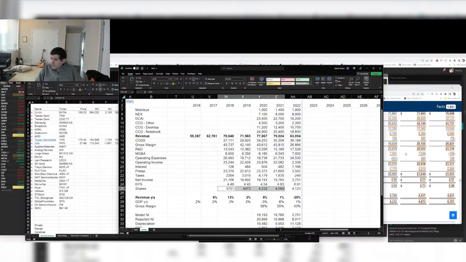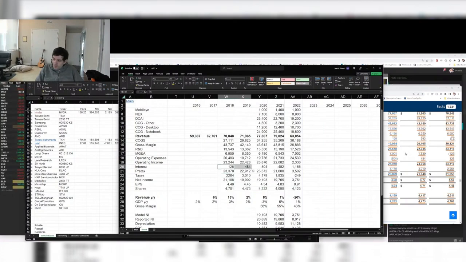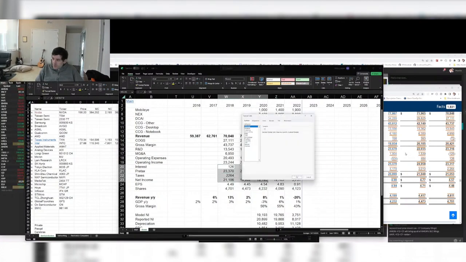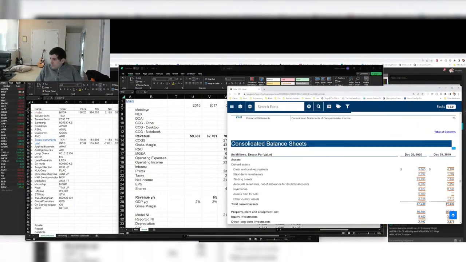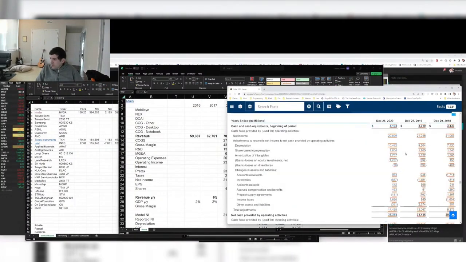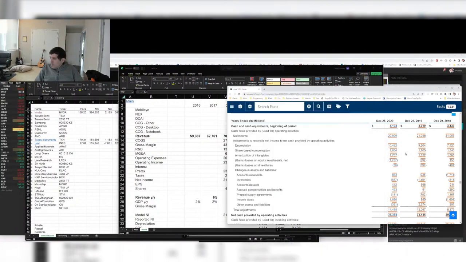You can see the huge amount of buybacks Intel's done. They've gone from 5 billion shares outstanding to 4 billion shares outstanding. So pretty impressive. Once again, we'll look at the cash flow statement and get an understanding of what exactly is going on here.